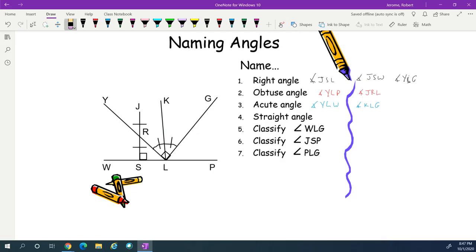How about a straight angle? So again, we need a vertex, and it has to go out on both sides. So we could do something like S is the vertex. One side goes to W, and the other side goes to L. So angle WSL.